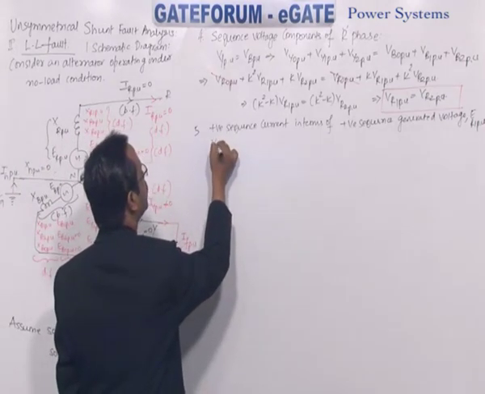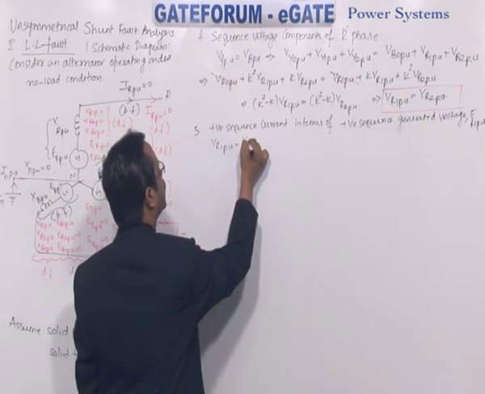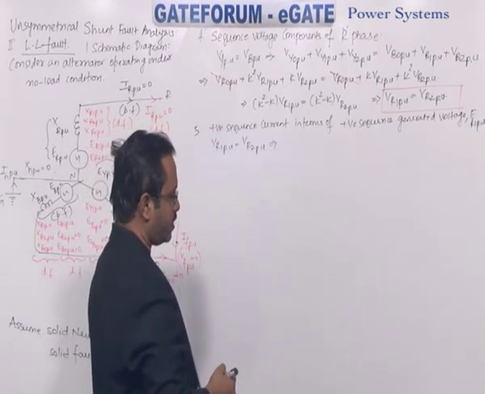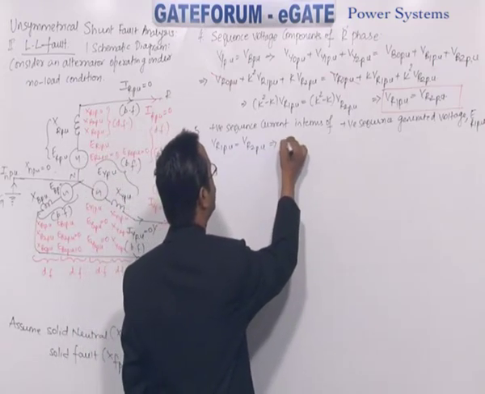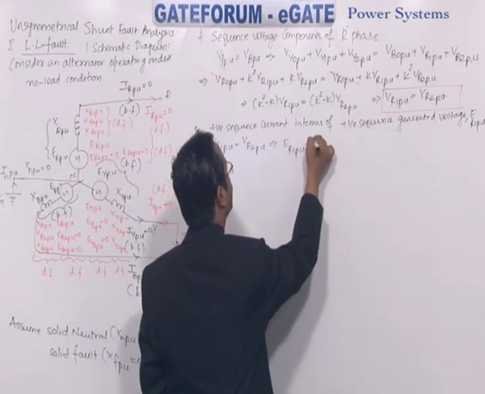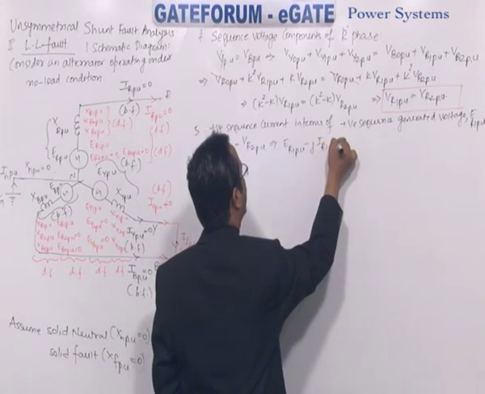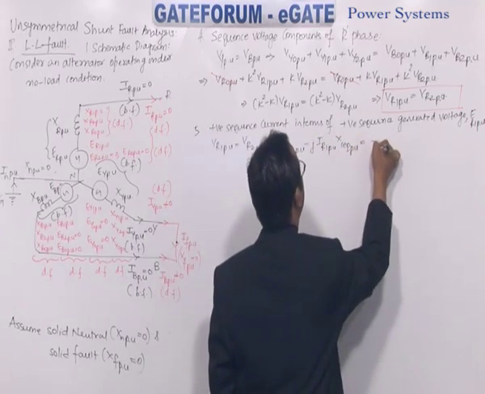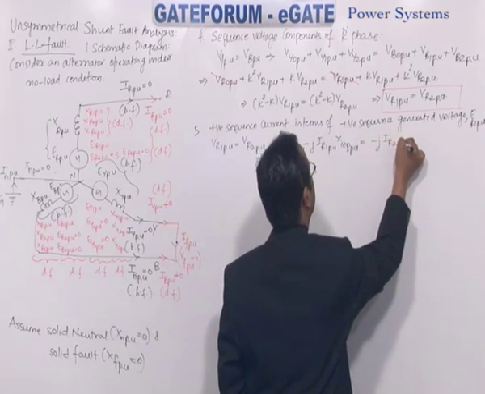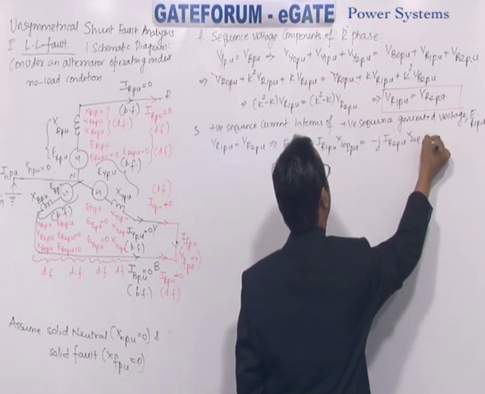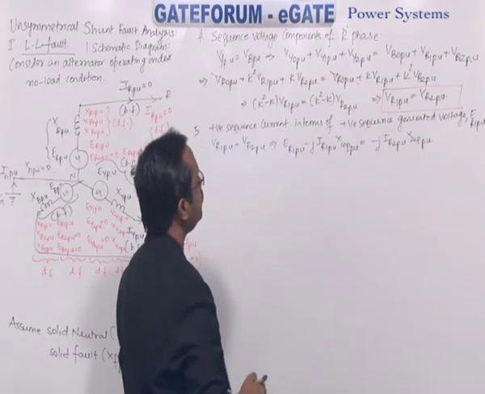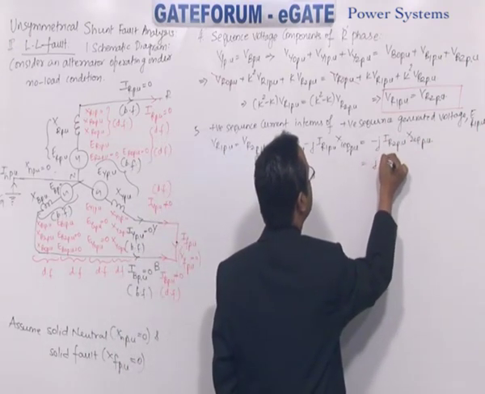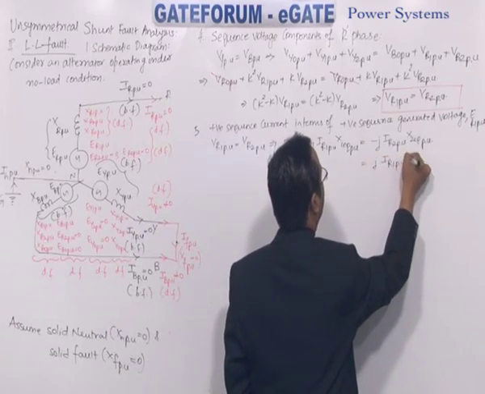So for that you make use of the relation VR1 per unit is VR2 per unit. What is VR1? You write it as ER1 minus J IR1 X1 equivalent. What is VR2? Minus J IR2 X2 equivalent per unit. And you know that IR2 is same as minus IR1.